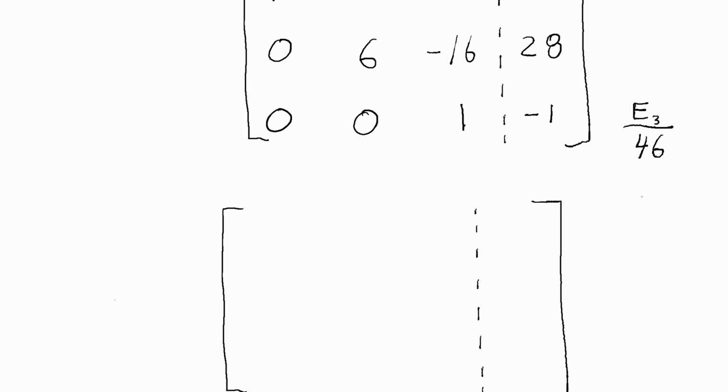I'm going to take minus 5 times E3 plus E1, and I'll put it right there. And then here I'm going to take 16 times E3, and I'll add that to E2, and that's going to put a 0 somewhere. And then here I'm just going to rewrite E3.